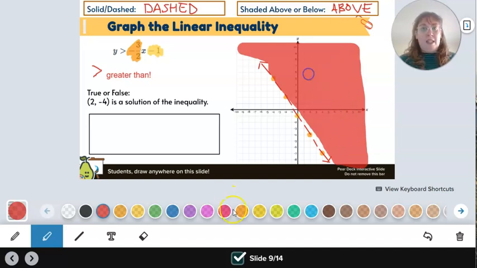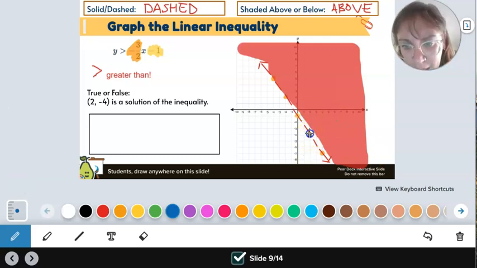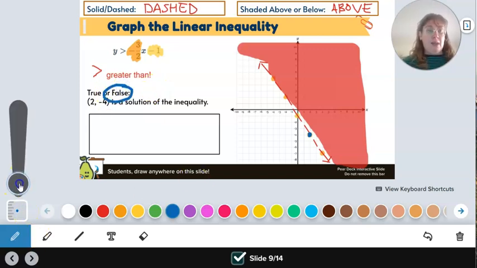Beautiful. And then it's asking about 2, -4. So 2, -4 is down here. It's actually on the line, but this is a dashed line. So this is going to be false, and we can show you what that looks like with algebra.